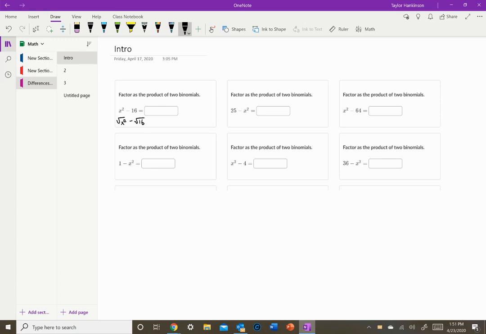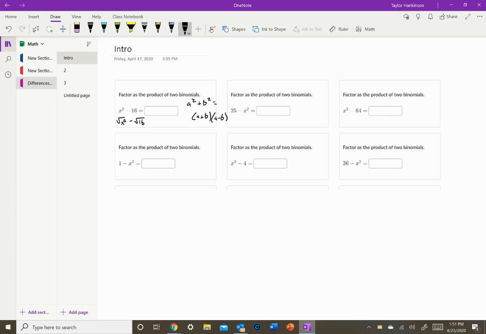If we go back and look at that previous example, the general form is a squared minus b squared equals a plus b times a minus b. That's the general form of it.